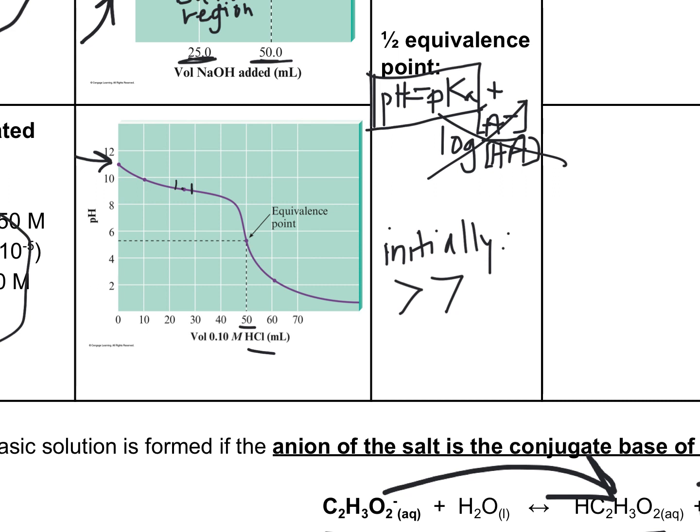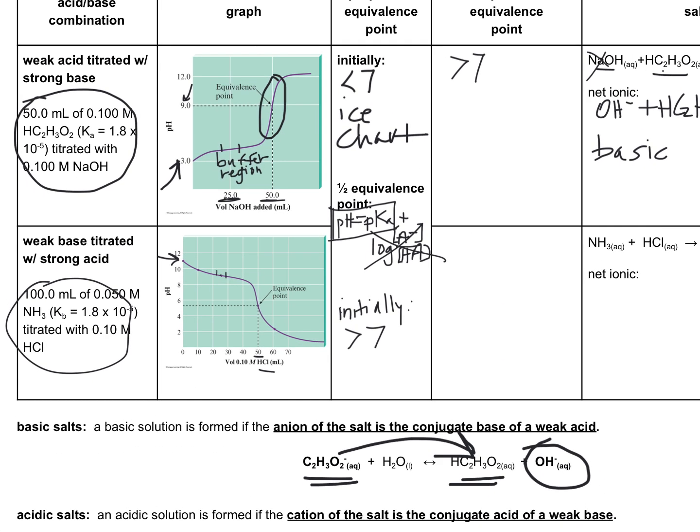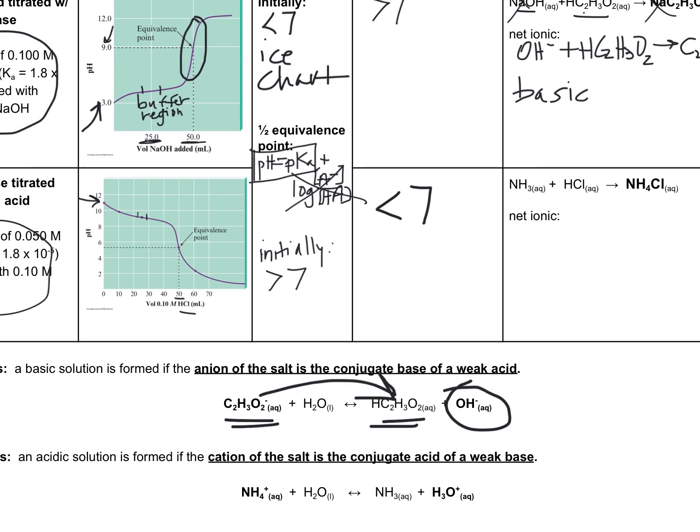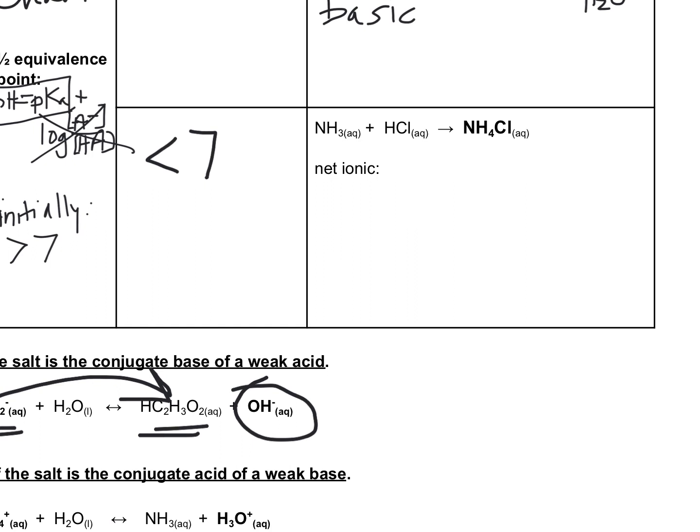And at the half equivalence point, pH equals pKa. At the equivalence point, we see a pH that is less than 7. And as I mentioned, that has to do with the type of salt that is created. When ammonia reacts with hydrochloric acid, we get ammonium chloride, and this is an acidic salt.